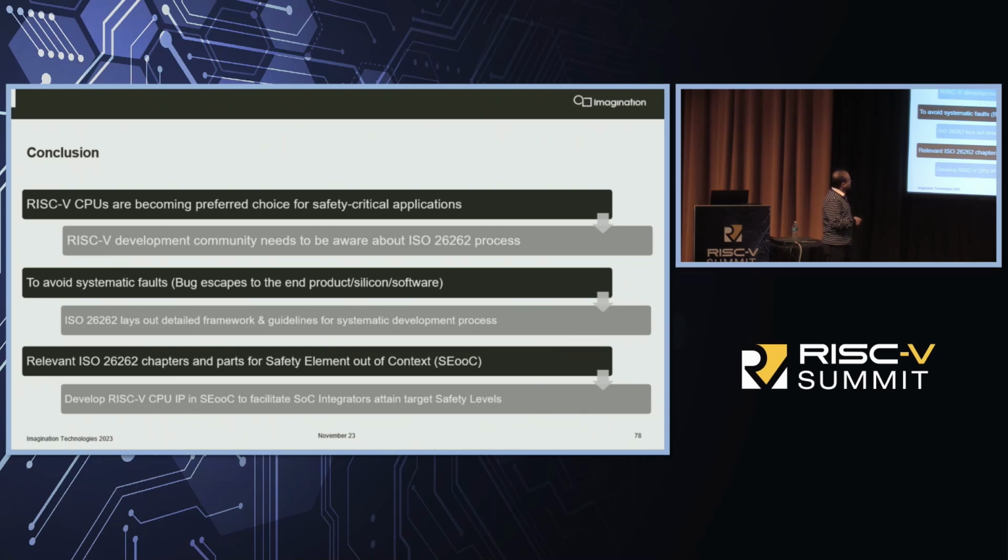To avoid systematic faults, we need to follow the ISO 26262 guidelines and frameworks that are laid out. And to simplify some of the process of development, we need to apply the concept of safety element out of context. That helps in focusing on the limited set of processes and procedures that we need to follow.